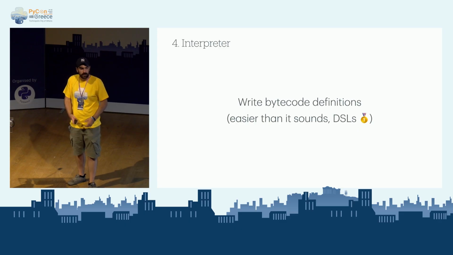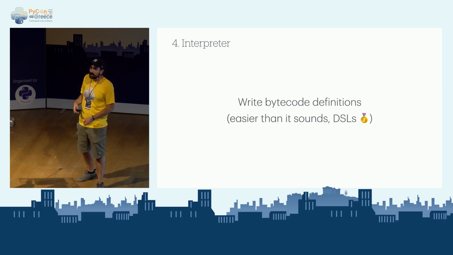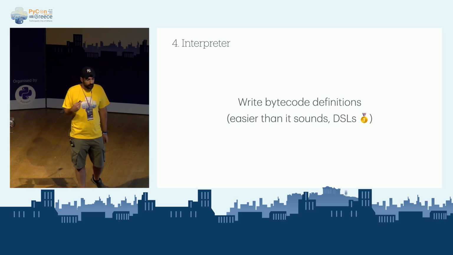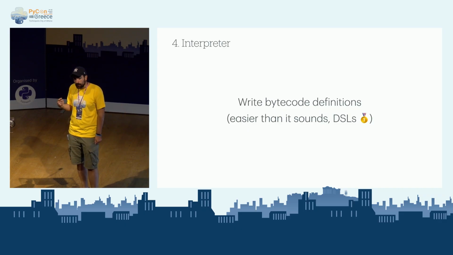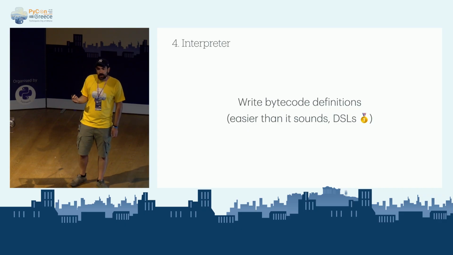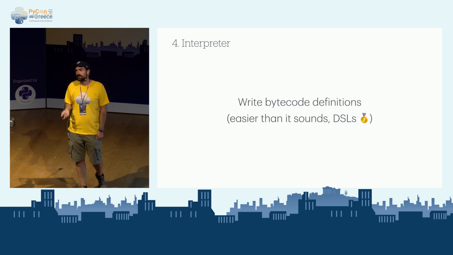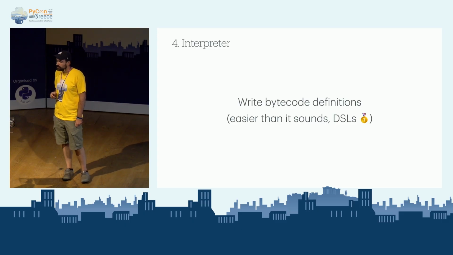The whole interpreter is defined in a very specific way, which means that writing a bytecode instruction doesn't actually require writing a lot of code. It's mostly writing code in that DSL, and that makes it a tiny bit easier. It's actually a fair bit easier than it sounds.